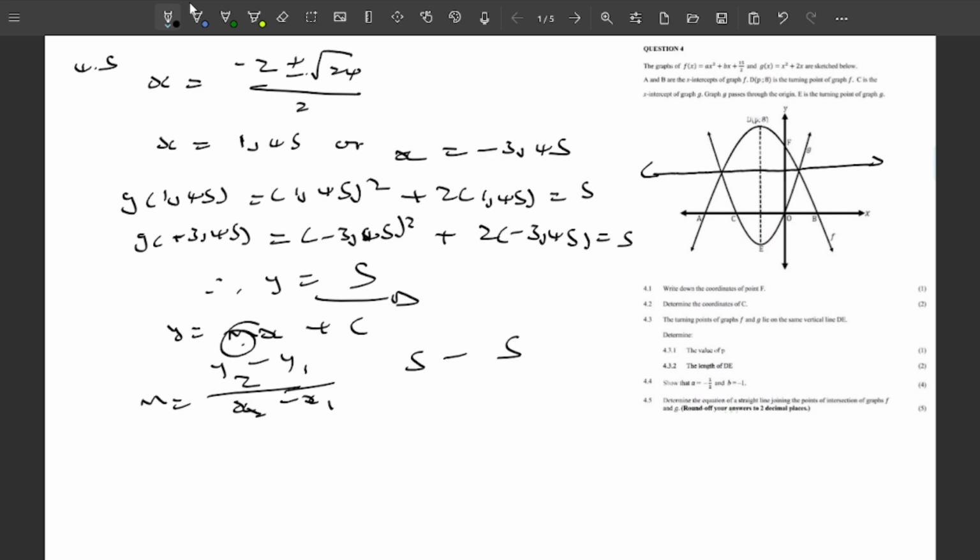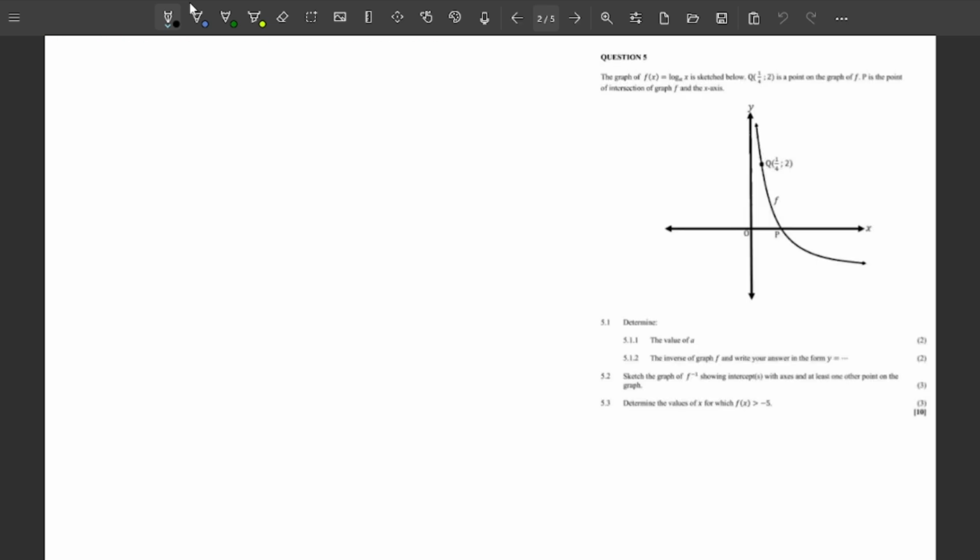We're going to be moving to the next question, which is a function question, question 5. For question 5, we're doing the graphs of each.